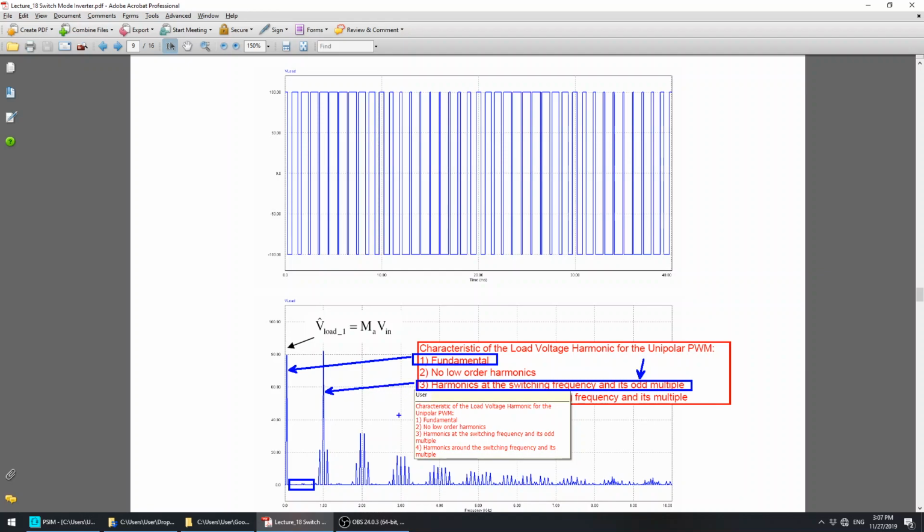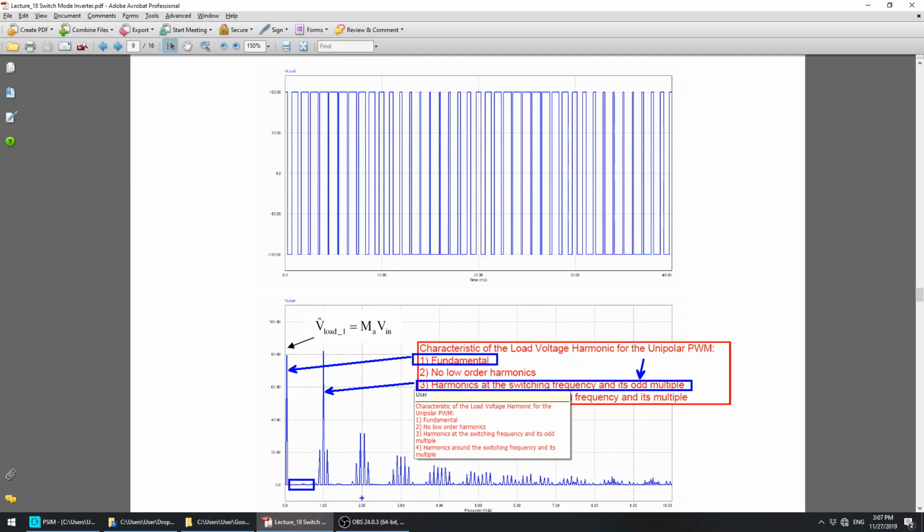Okay, so there are harmonics at the switching frequency. Our switching frequency is 1 kilohertz. Now you have a component at 1 kilohertz and its multiples, which means 1, 3, 5, 7, and the rest. You don't see a component at 2 kilohertz, which is an even multiple.